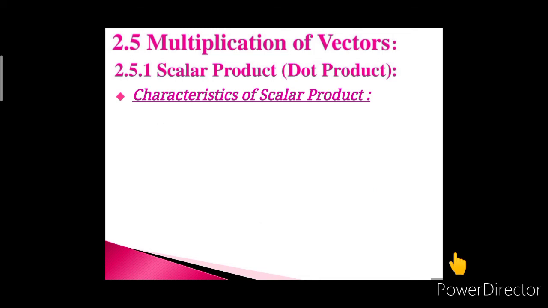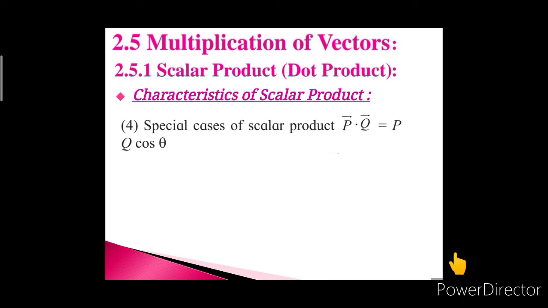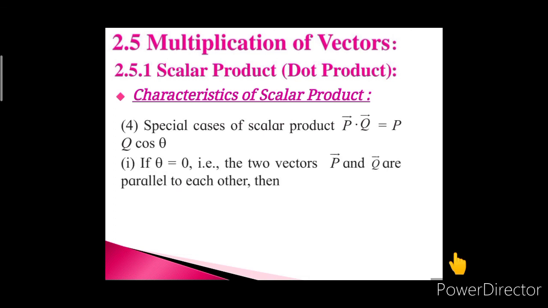After that, we had seen the next characteristic of a scalar product, which consists of special cases as per different values of the angle. When the angle theta is 0 between the two vectors, that means when vector P and vector Q are parallel to each other, then the value of vector P dot vector Q is equal to P into Q. That means when the angle between the two vectors is 0, the two vectors are parallel to each other, and their scalar product is the multiplication of the magnitudes of the two vectors.